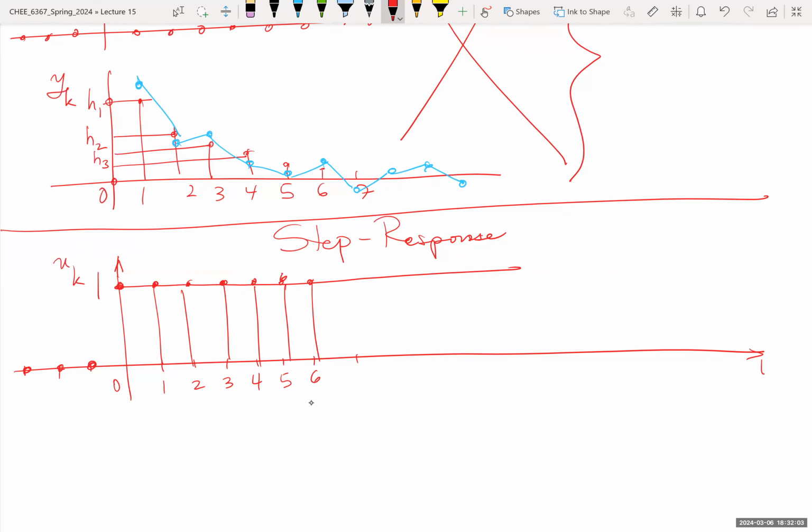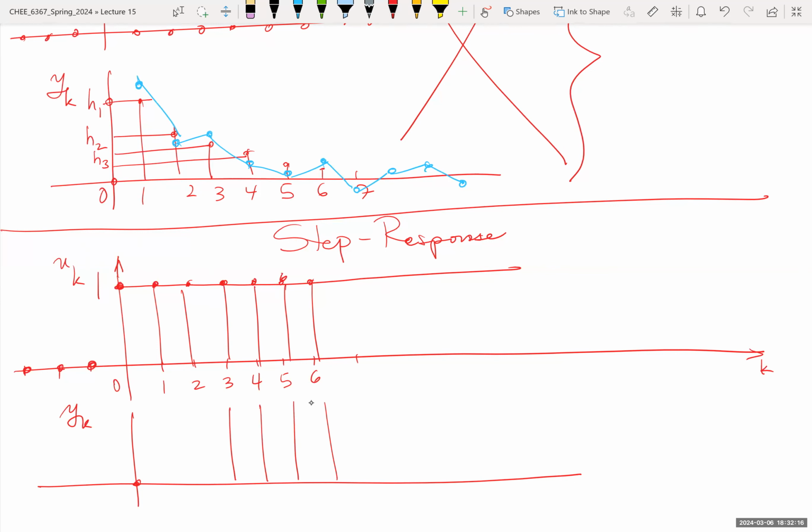Okay. And now I can observe my output. And my output yk will now respond something like this. It will respond like this, and will eventually reach a steady state, but it will be noisy. But let's just go through these clean, smooth lines to see theoretically what we would expect.